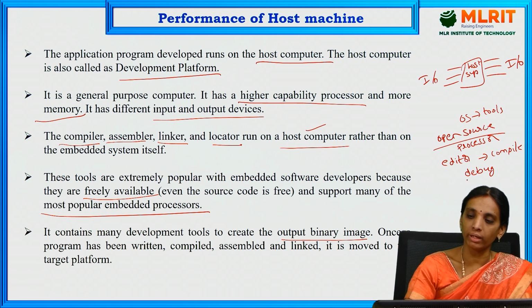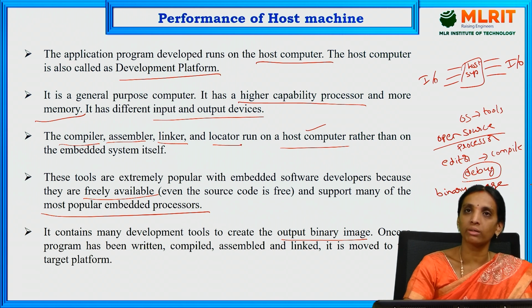In testing, we check whether the output is correct as per our application or not. After completion of our testing procedure, one binary image is created. That binary image is called the executable image for that particular application.